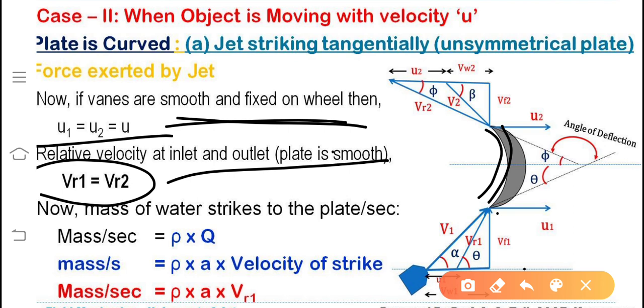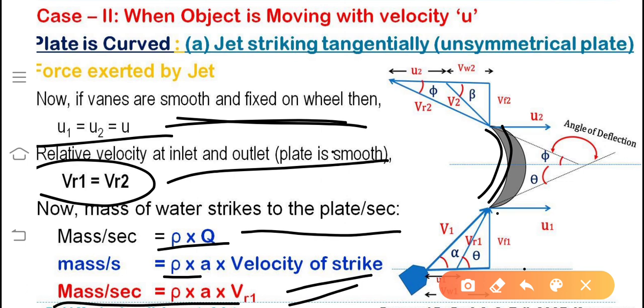Now, mass of water striking the plate per second. Mass per second is equal to rho Q, we know. Mass per second is equal to rho a into velocity of strike, that is, the striking velocity is nothing but the effective velocity, also known as relative velocity. Therefore, mass per second will be equal to rho multiplied by small a multiplied by Vr1.